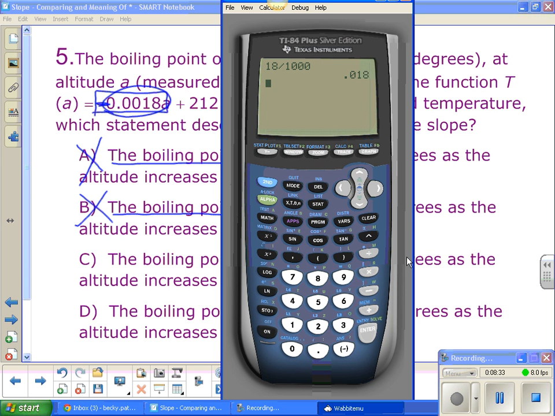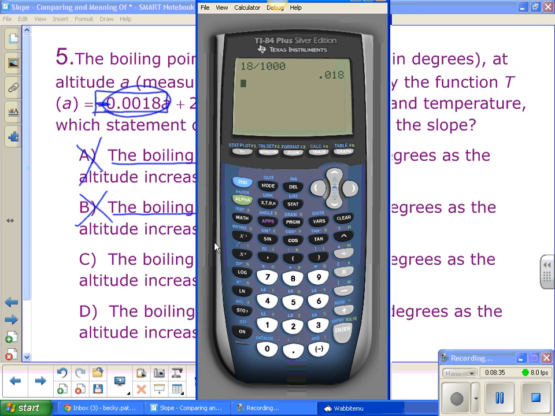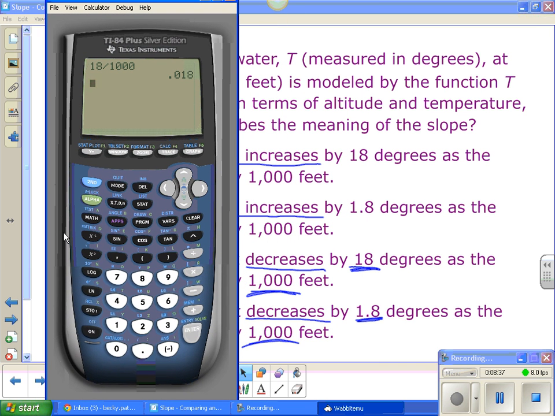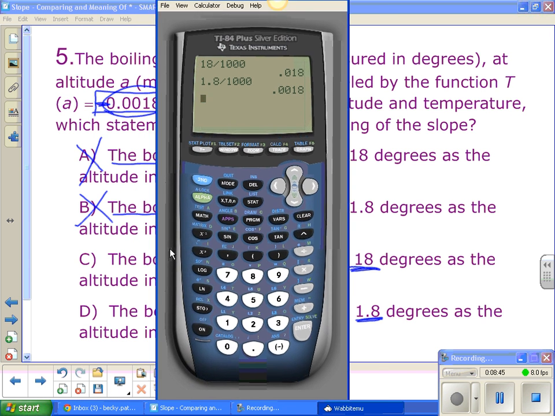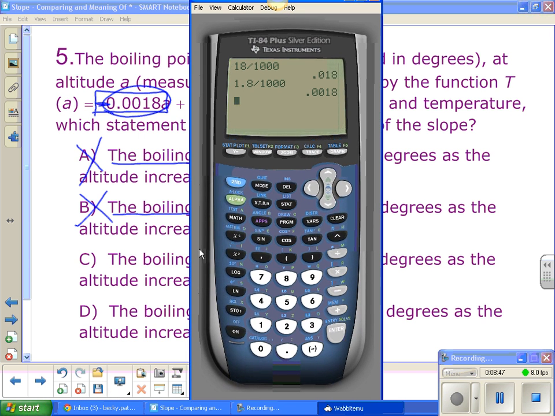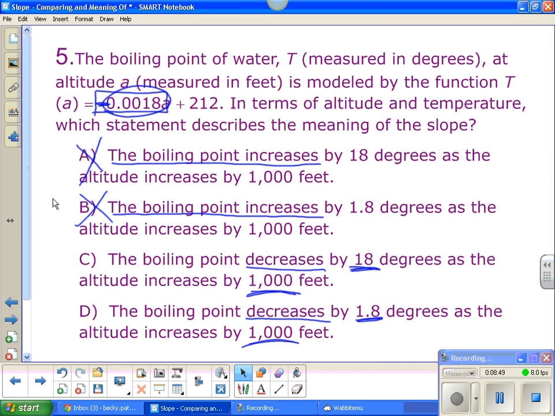And does that work? No, I'm a 0 off. So if we try D and go 1.8 per 1,000, there we go. That's the right number. Decreasing and it's negative, so that's good. So we're going to go with D. So that one's a little tricky. They threw you a little curveball, but nothing the calculator can't help you with.